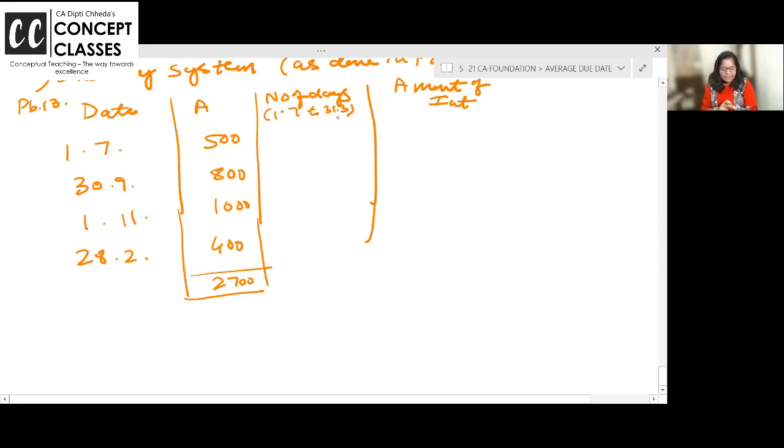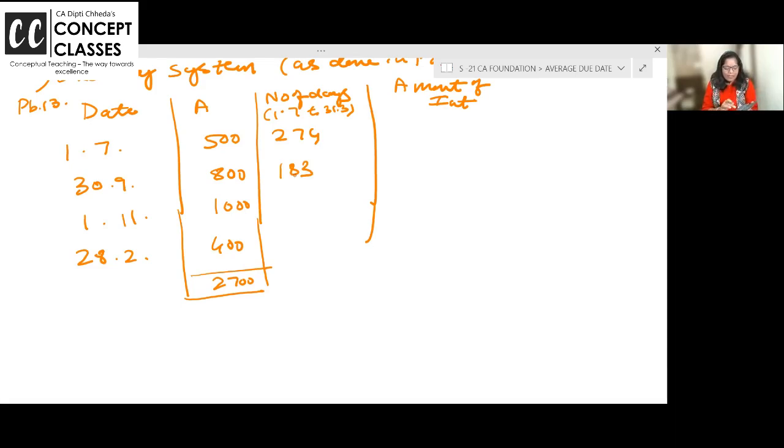July 31, August 31, September 30, October 31, November 30, December 31, January 31, February 28 and March 31. 274 days interest. Next, from 30th of September: 1 day of September, 31 days of October, 30 days of November, 31 days of December, 31 of January, February 28 and March 31. 183 days.